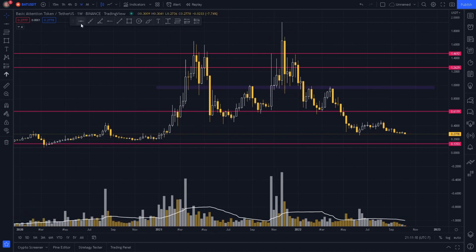So another level that we can plot is the swing high on the weekly. Now, what do we see here? We notice this long wick reacting to the level as the highest point price got, and we see candle closes at the same key level.